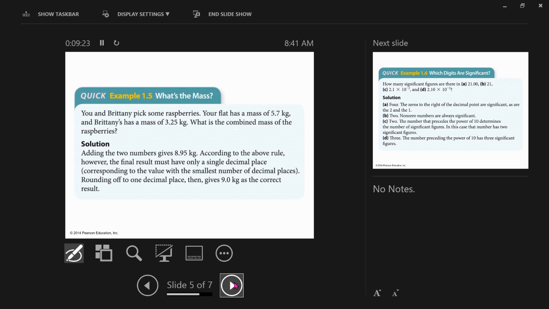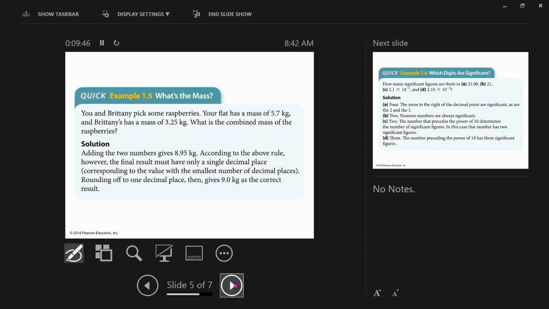I can't make it any smaller or bigger, and I can't get rid of that. But all right, so here's what we got. We got 5.7 kilograms, and we have 3.25 kilograms, and we are looking for the combined mass. What does combined mass mean we're going to do?